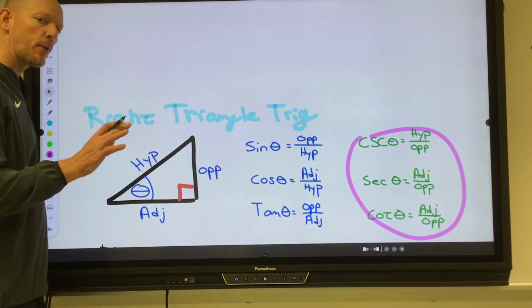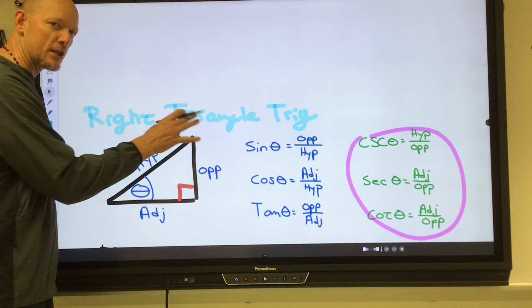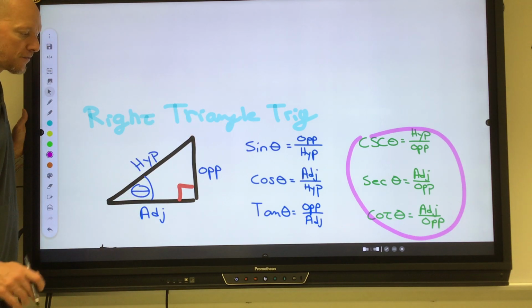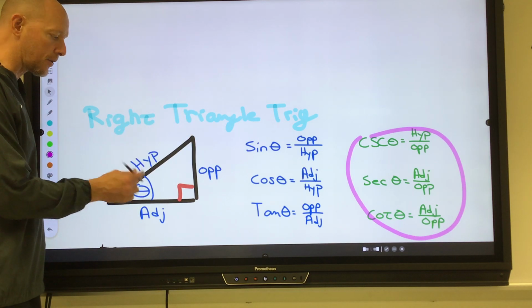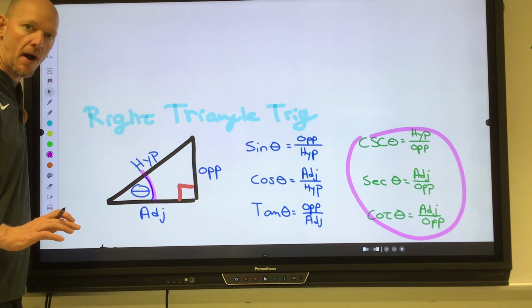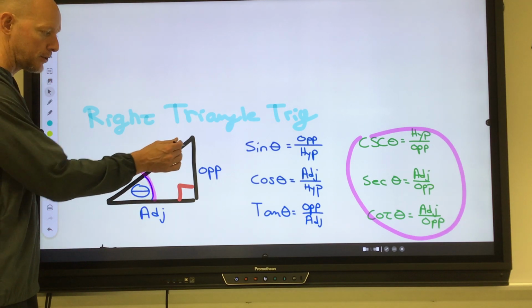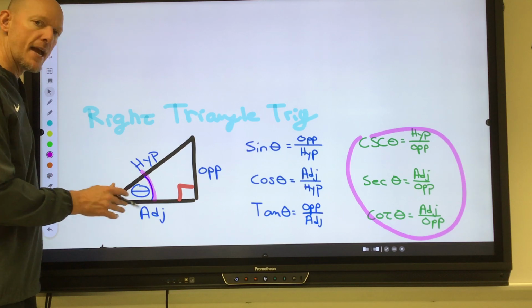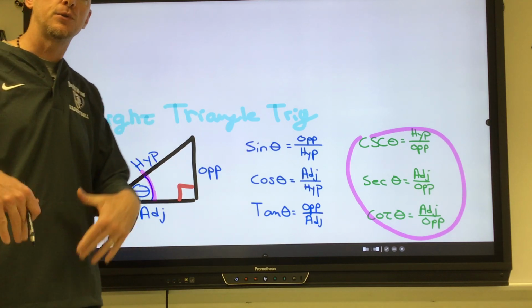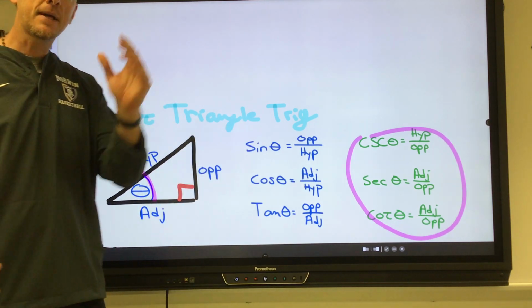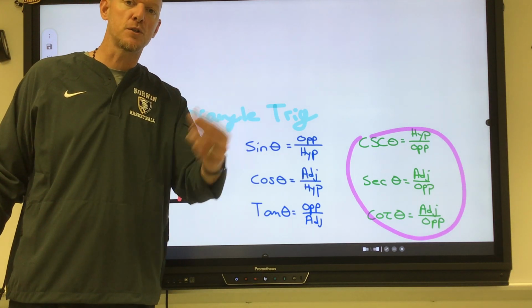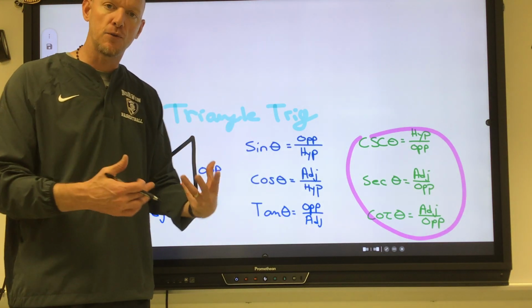One of the things to point out before we start trying to find some of these values is that when we have a right triangle, one of the angles is going to be defined. We have 2 acute angles in every right triangle, and one of them is the angle we refer to in order to calculate our trig functions. Because that's what these are: trig functions, which means they produce a value for us.